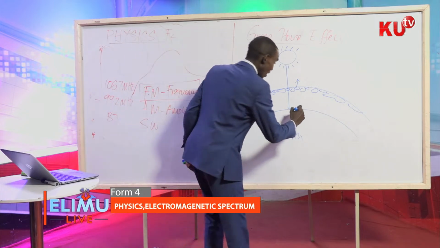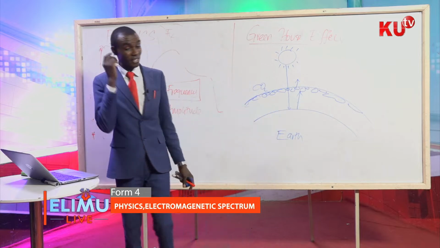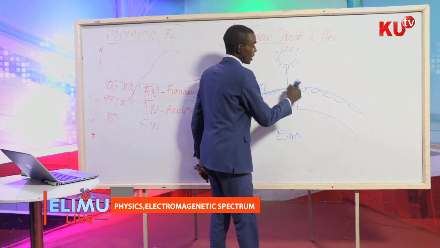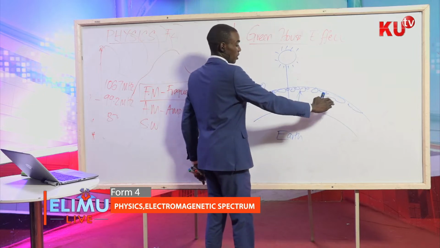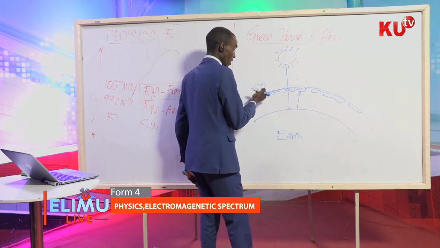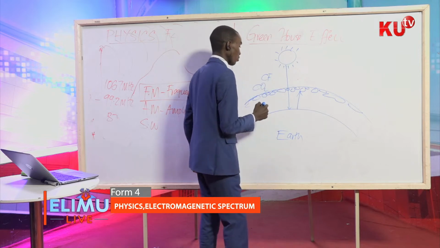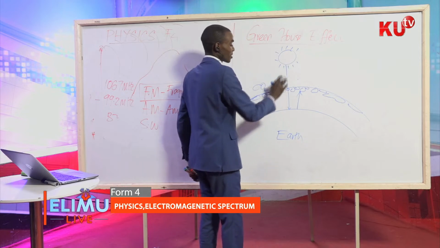You find that now, as the heat reflecting from the Earth's surface is now escaping, it's unable to escape this sort of blanket that is created by these gases, some of them CO2, others we have the CFCs, the chlorofluorocarbons, the nitrogen oxides, and the water vapors and the clouds.